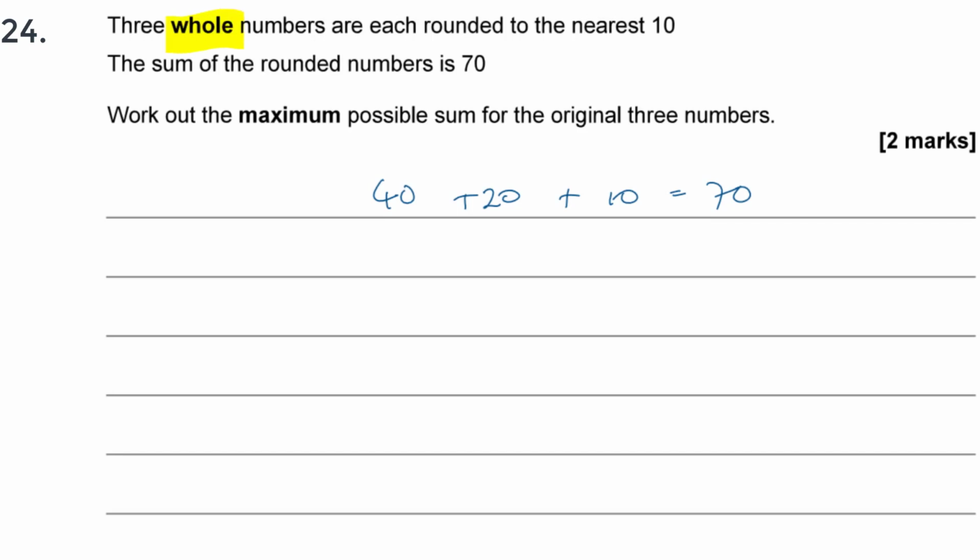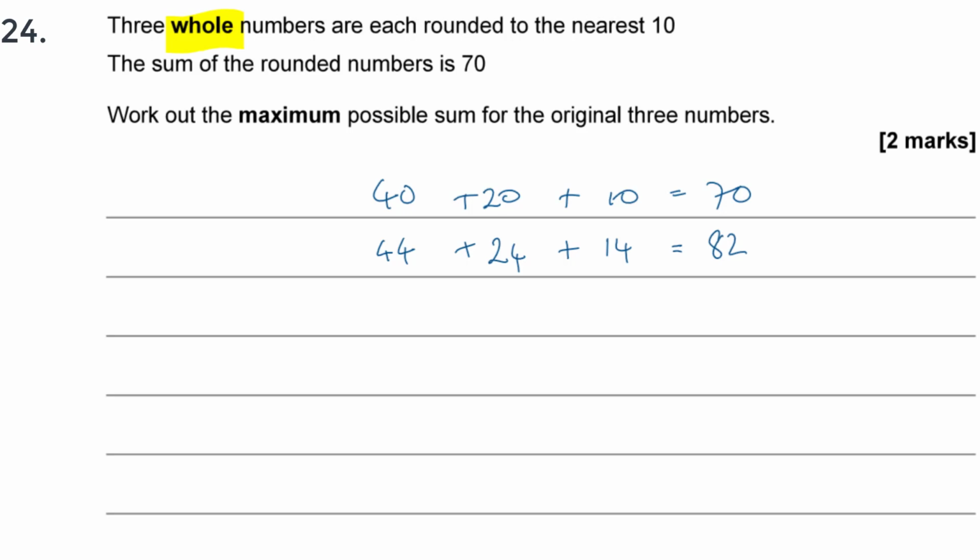So the biggest number that rounds to 40 is going to be 44, isn't it? Because 45 would round up to 50. Similarly, the largest number that rounds to 20 is going to be 24, and the largest number that rounds to 10 is going to be 14. So if you add those up, you're going to get 4, 8, 12 more than 70. It's going to be 82. Okay, so that's one possibility.